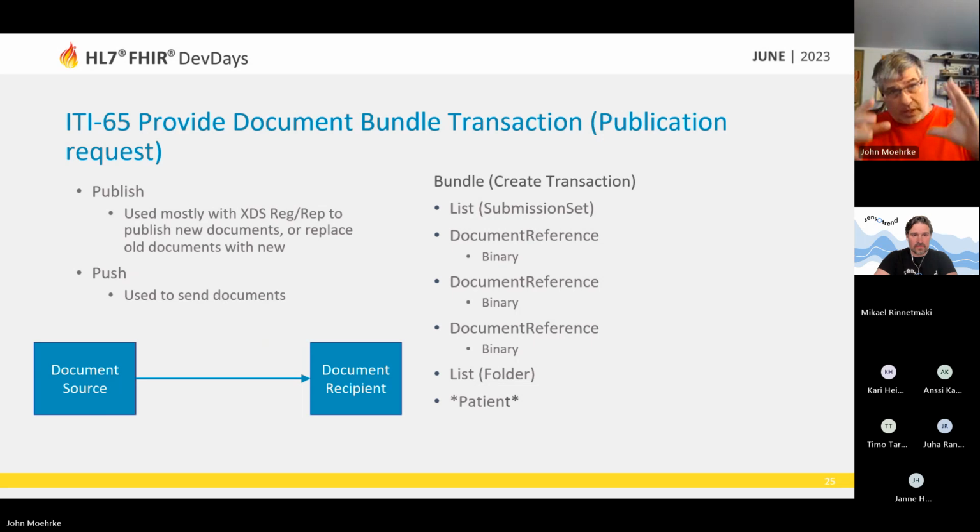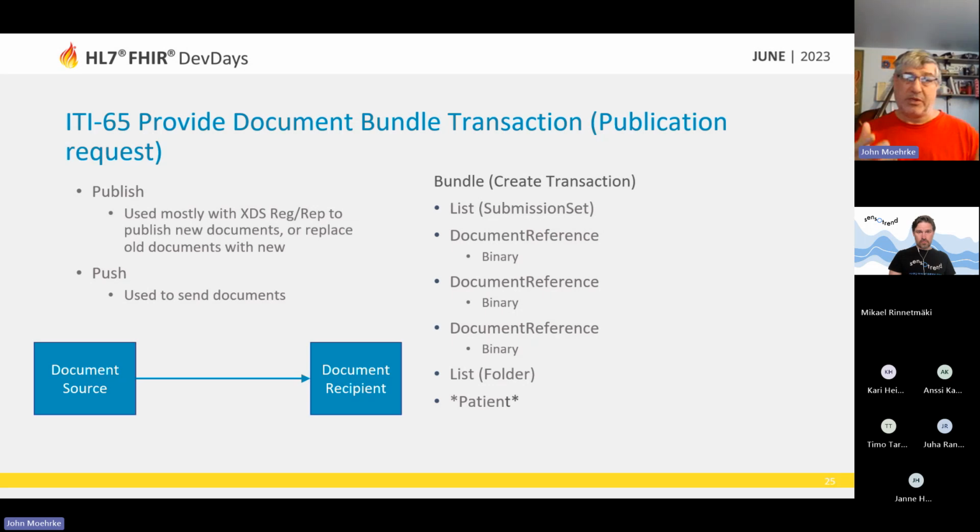So getting into MHD, there is this transaction within IHE. We have numbers on our transactions. The IT Infrastructure Committee's number 65 is this provide document bundle transaction. That's the transaction name. It's effectively a publication request.